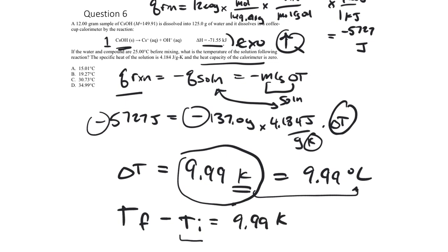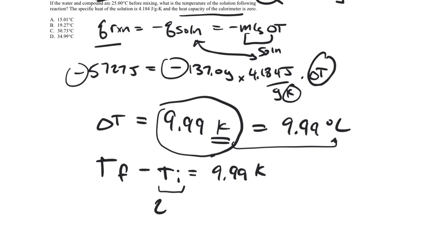And then I know my initial temperature is 25.00 degrees C, and that's 298.15 Kelvin. And so I do 9.99 plus 298.15 Kelvin. That's 308.14.